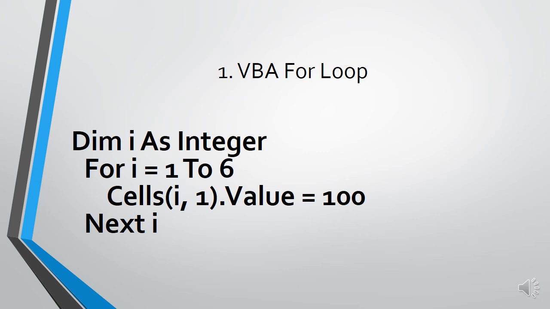Next I. Remember the Cells method of accessing, of reading and writing values into Excel. That is what we're applying now in this for loop. We expect at the end of this code to have A1 to A6 having a value of 100. Try it on your Excel and VBA.